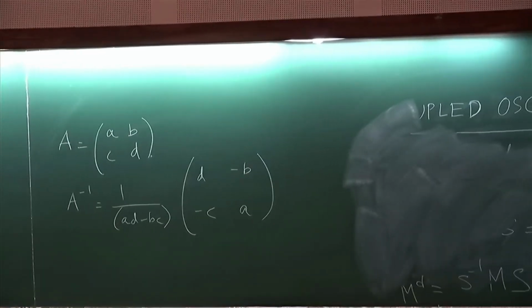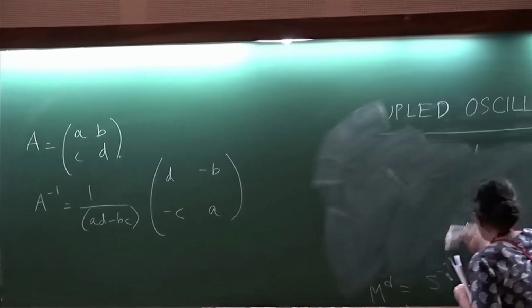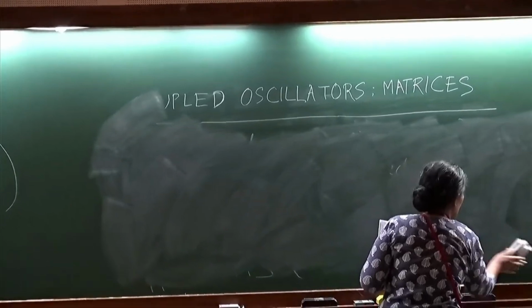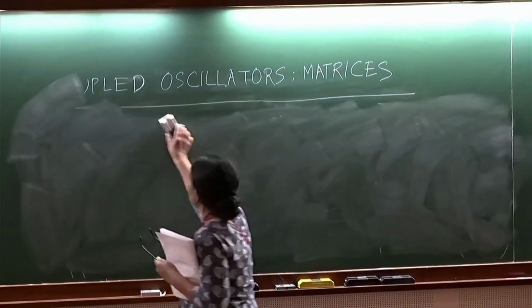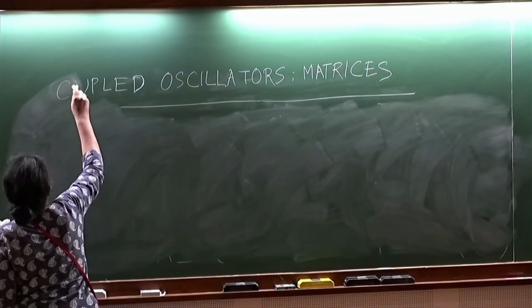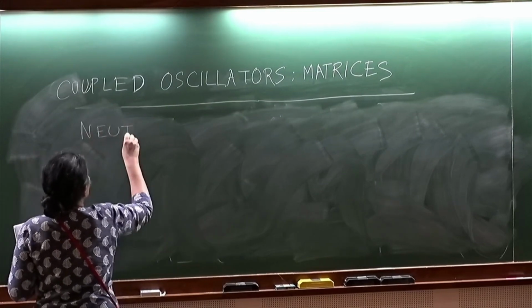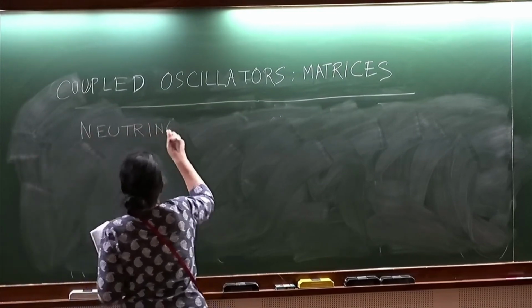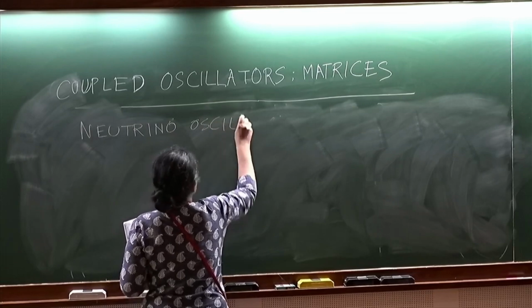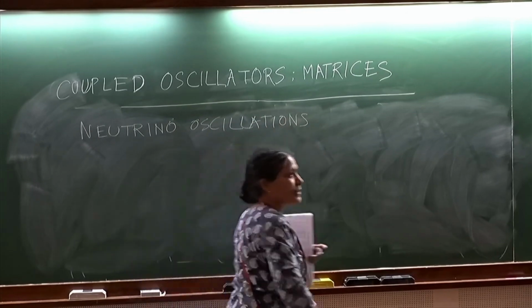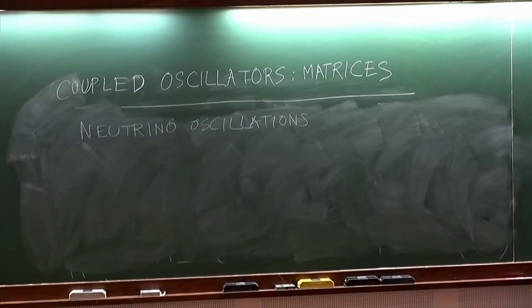What happened is that it stemmed from an interesting mystery that needed to be solved. Neutrinos are fundamental particles, and these are emitted by the sun.